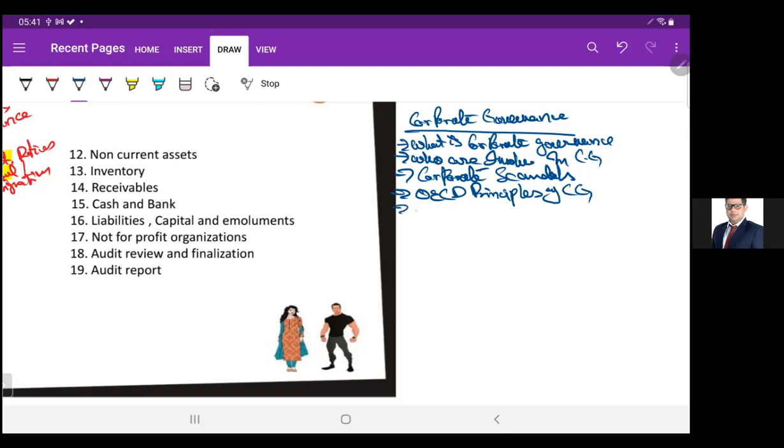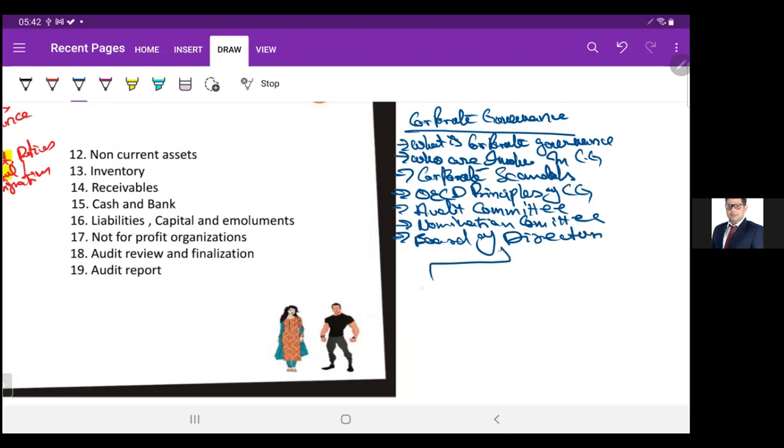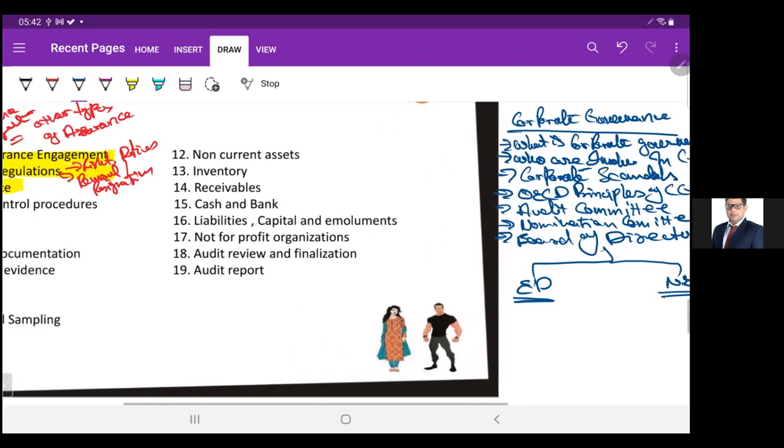Then we will look at what is the audit committee, the nomination committee, the board of directors, and the types of directors, that is, who is an executive director, who is a non-executive director, and what is the difference between them. That is what corporate governance consists of.